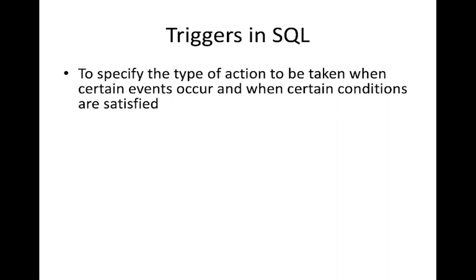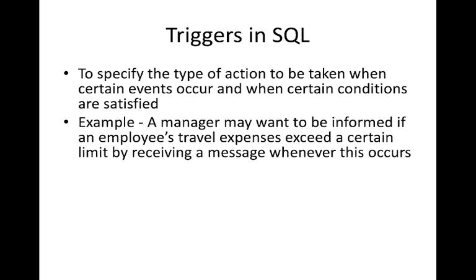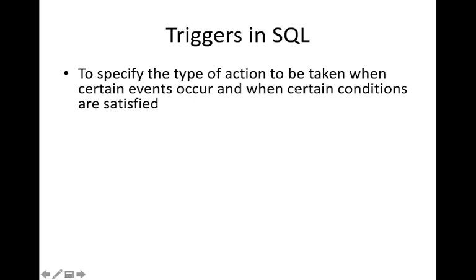Then we have triggers in SQL. This is another statement used in SQL. It is used to specify the type of action to be taken when certain events occur and when certain conditions are satisfied. In certain cases, if some condition is violated or something happens, some action should be taken.